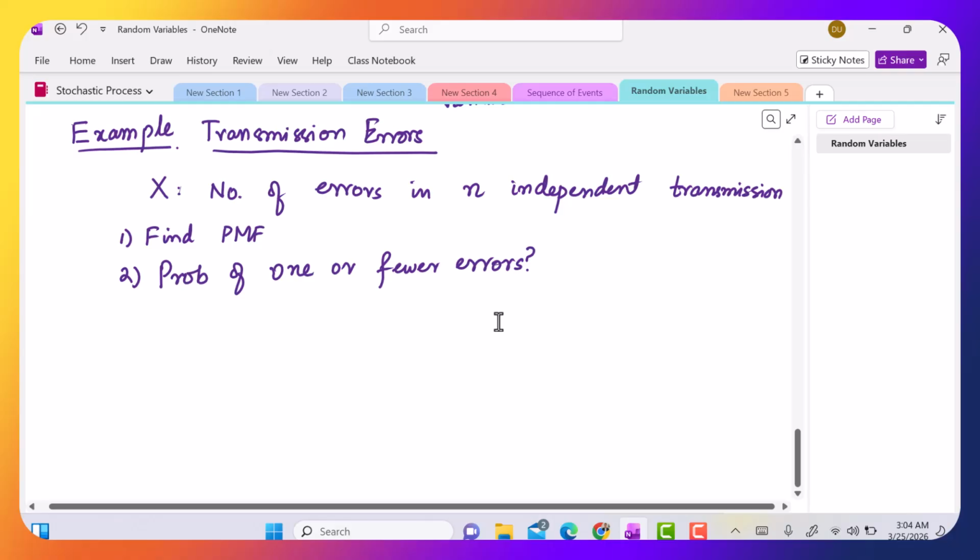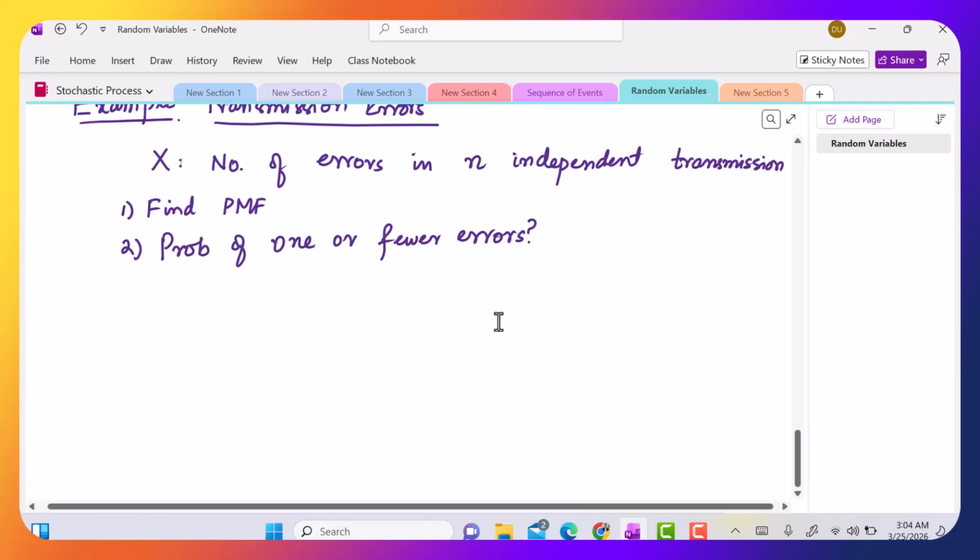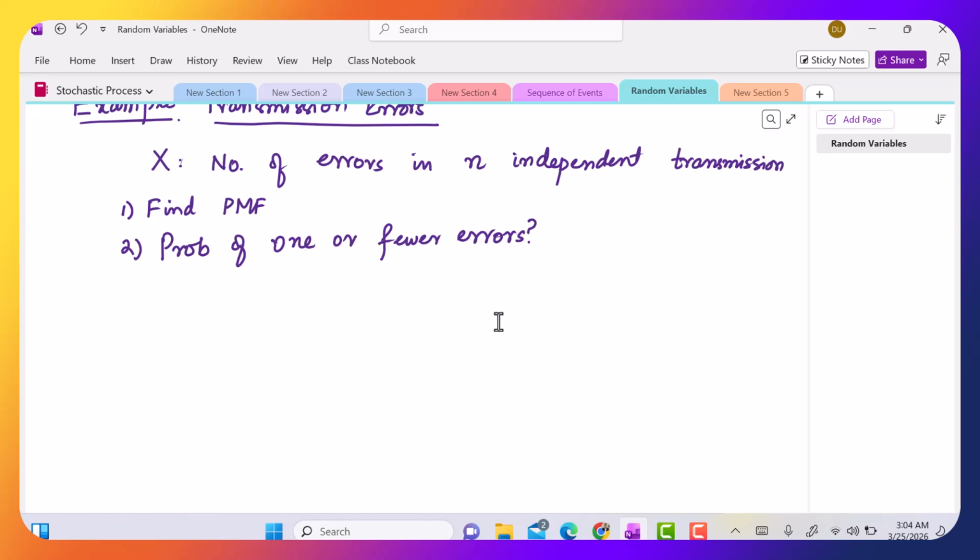Here you can see that X is actually the number of errors. We can have absolutely no error, which in an ideal case is zero errors, so X could be equal to 0. X could be equal to 1, in which case we get only one error in the transmission.